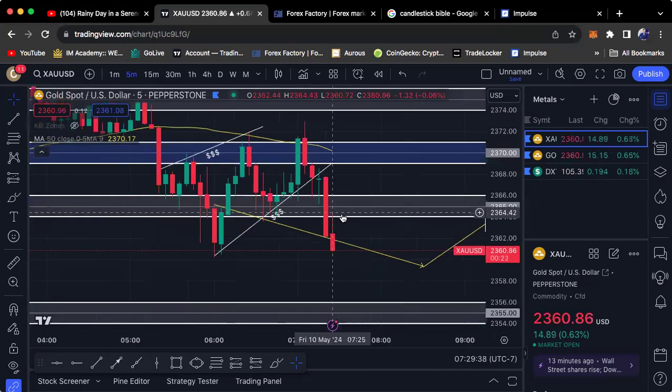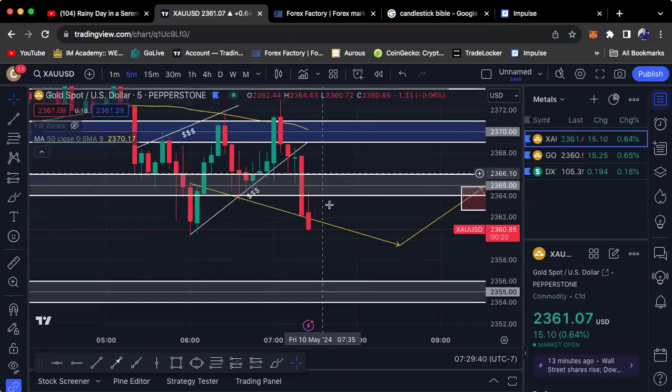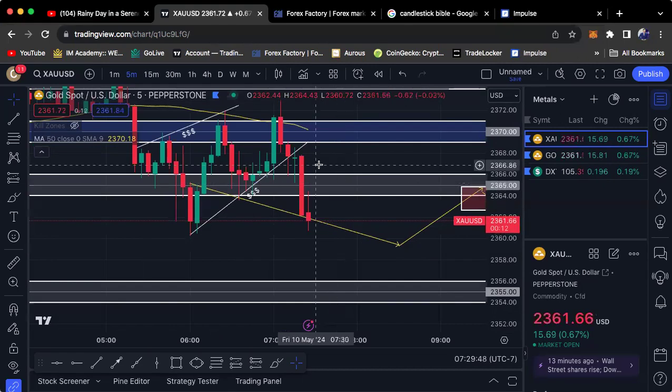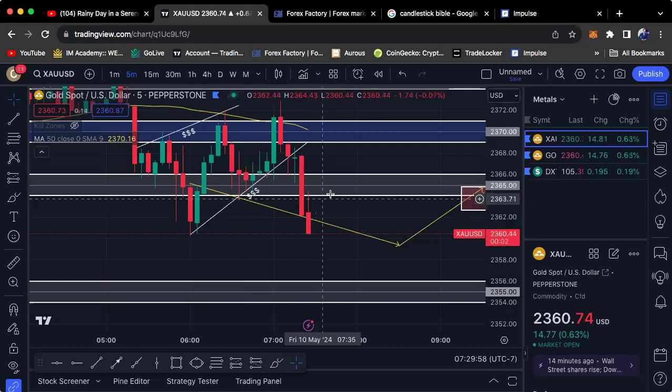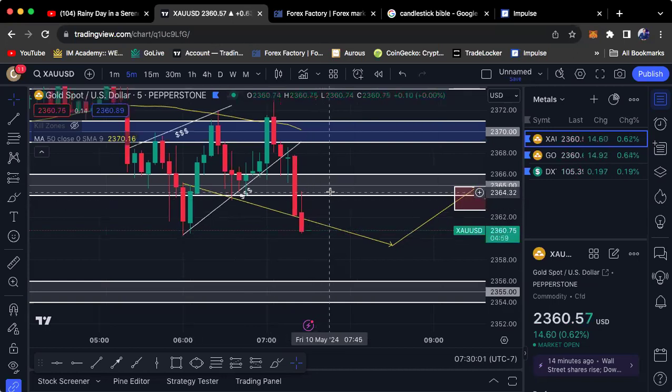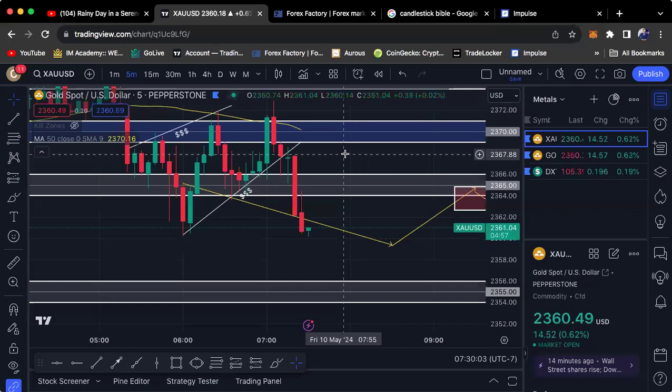Now price wicked here at the zone. I'm gonna wait for this bullish candle to form to hit my zone again because I want at least one more touch. Now is the 30-minute mark.